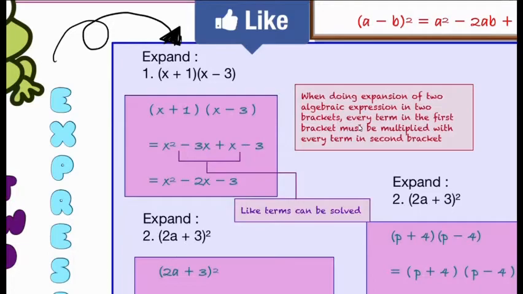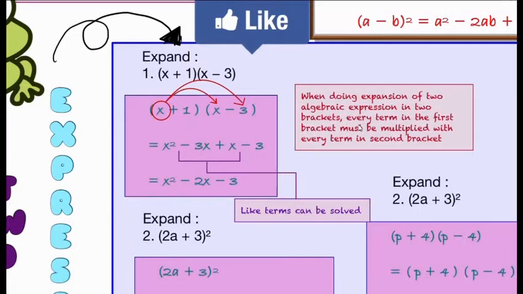Okay, so first is x with x here. So you will get x times x, you get x squared. And you also need to multiply x with negative 3. So x times negative 3, you get negative 3x.